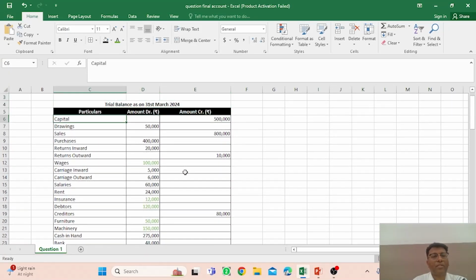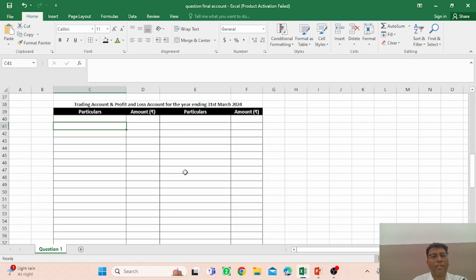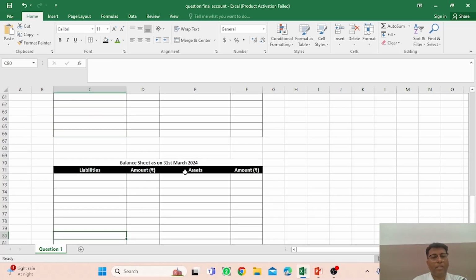So the very first account is the capital account, and capital account, as I told you, is a liability. So 5 lakh rupees would be shown in the liabilities in the balance sheet. It is the liability. So capital, right? And rupees 5 lakh.